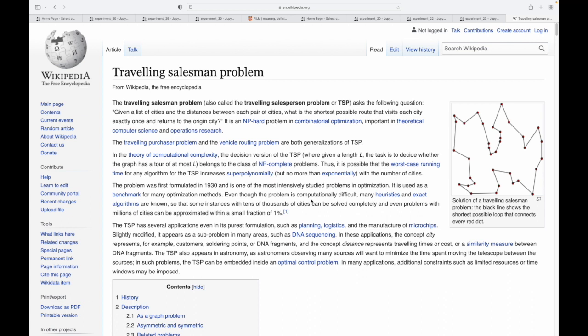It means this delivery guy has to go through each destination one time and deliver the package to each customer. The question is how long? I mean, in timing, how long does he need to go to the destinations and get back to his company? So you want to find the shortest way. It means the way that consumes less time, less money, less energy.